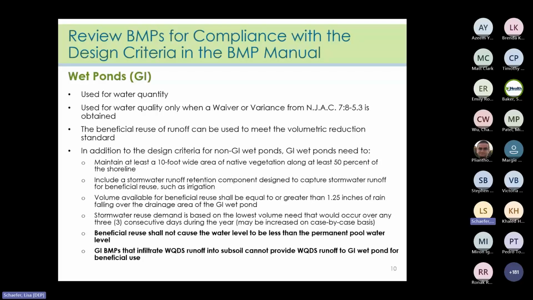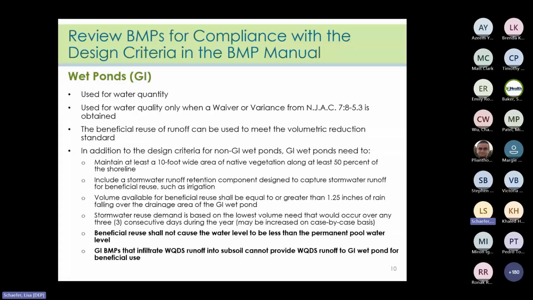And the reuse demand is based on the lowest volume need that would occur over any 3 consecutive days during the year. Now, beneficial reuse shall not cause the water level to be less than the permanent pool water level, and GI BMPs that infiltrate the water quality design storm runoff into the subsoil cannot provide the water quality design storm runoff to the GI wet pond for beneficial reuse.